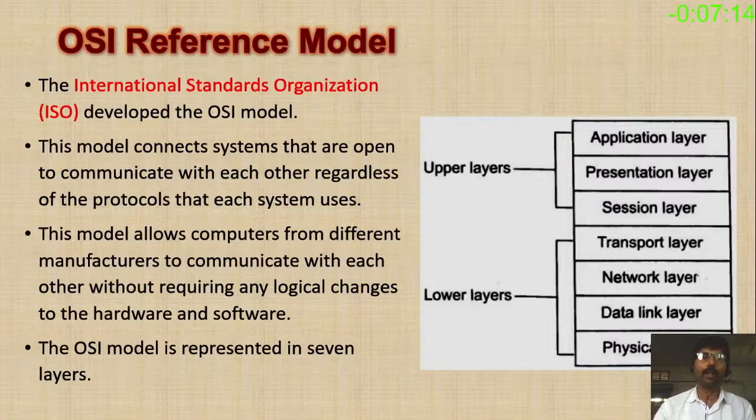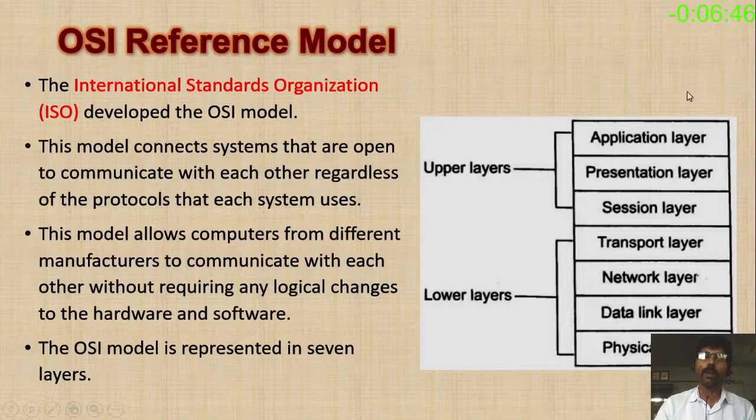This model is designed to connect systems that communicate with each other regardless of different protocols. This model allows computers from different manufacturers to communicate with each other. That is, there is no need to change any software or hardware.